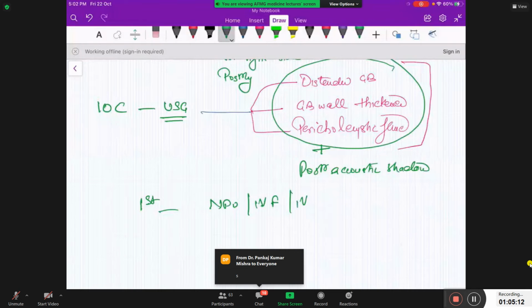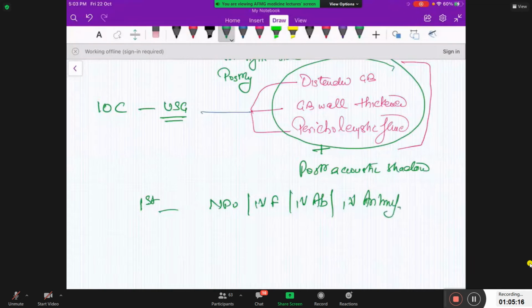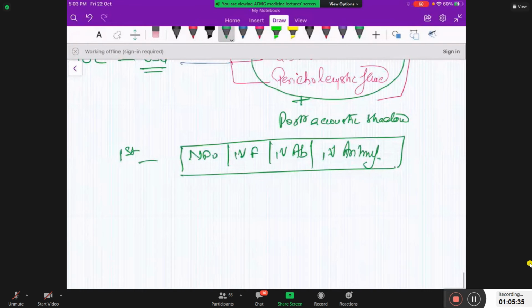Nil per oral, IV fluid, IV antibiotic, and IV anti-inflammatory drugs. So you will immediately start this.